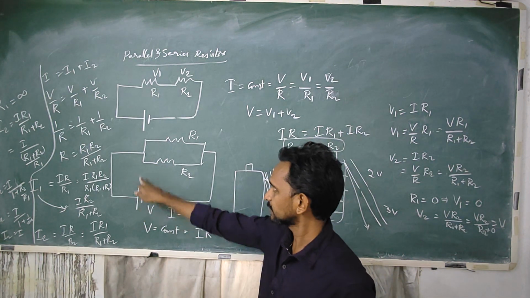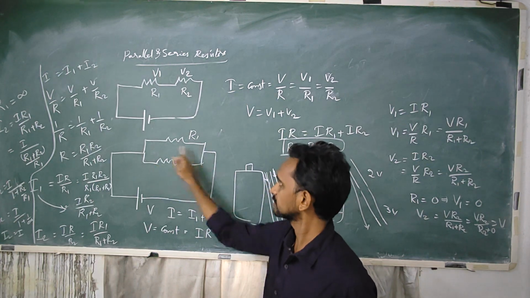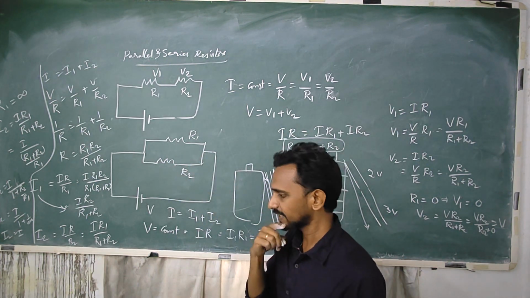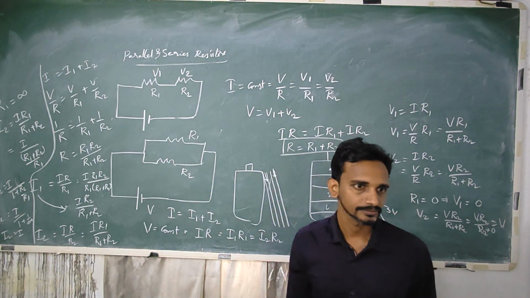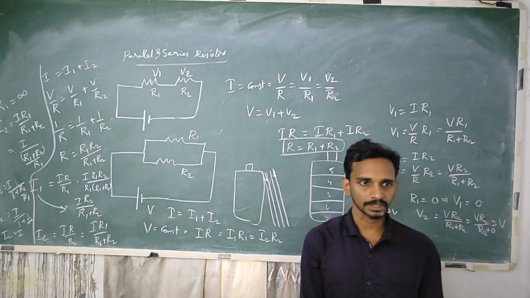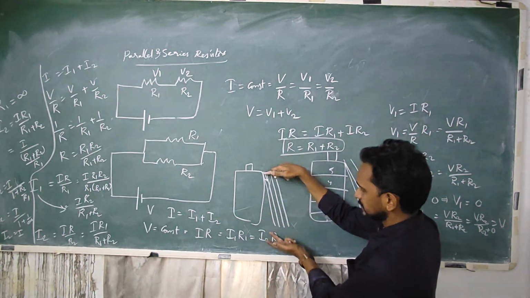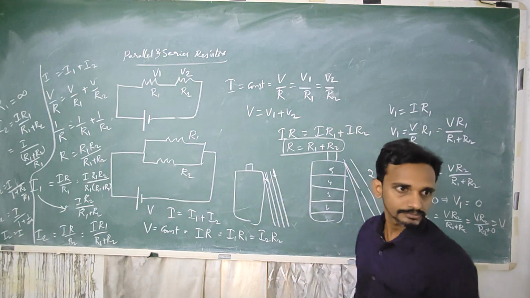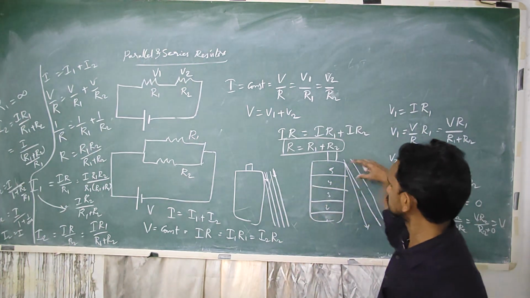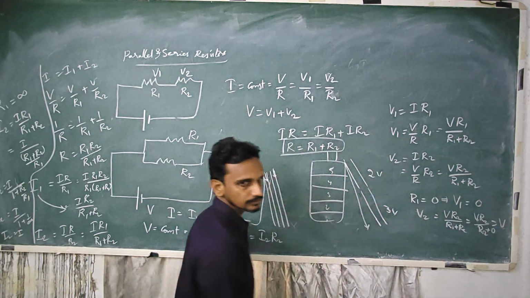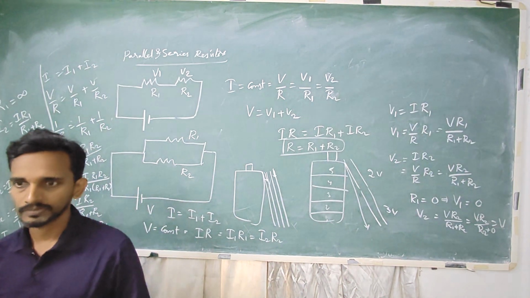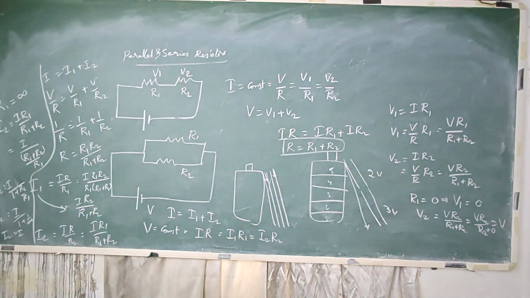Whatever voltage you supply will be dropped in the same manner across each resistance, because they are connected in parallel. So the voltage drop is constant for both. Here, the voltage drop is different.